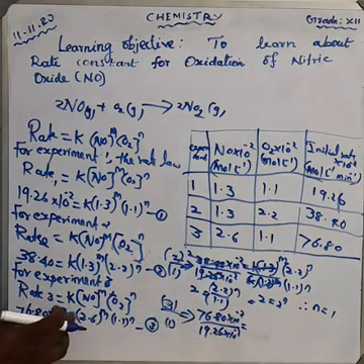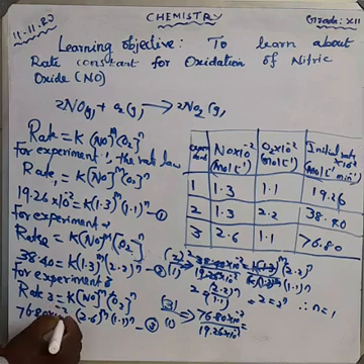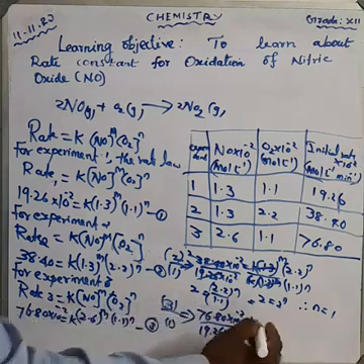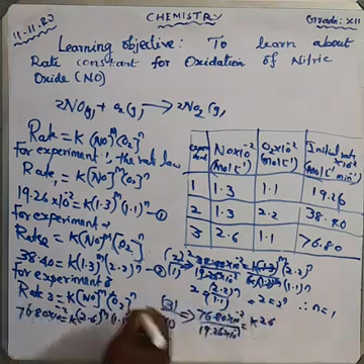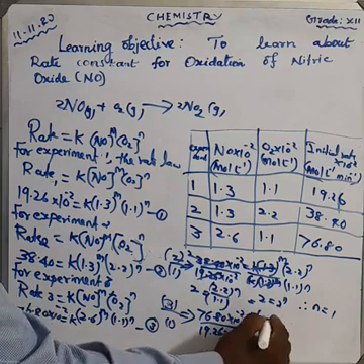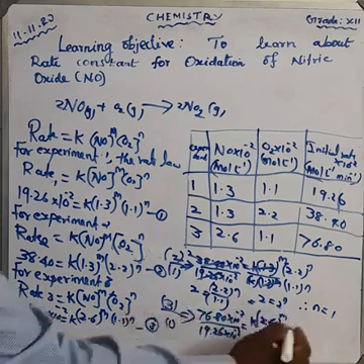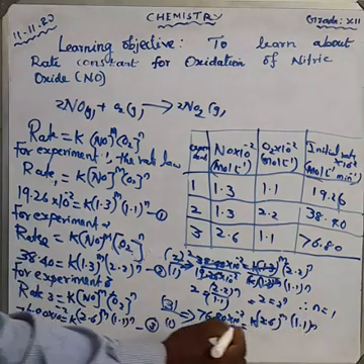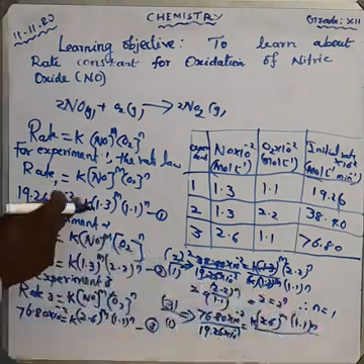Here also we should write the k: k into 2.6 to the power m and 1.1 to the power n, divided by equation 1.